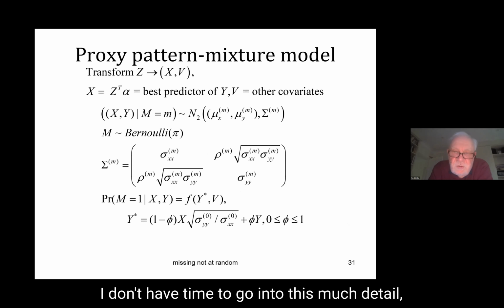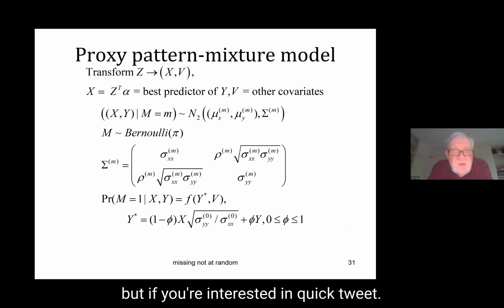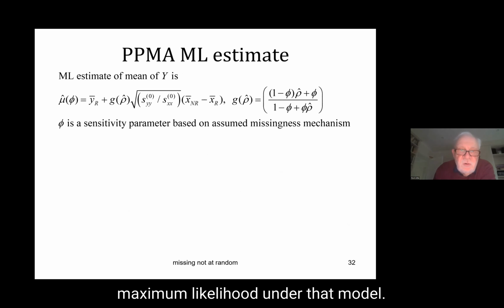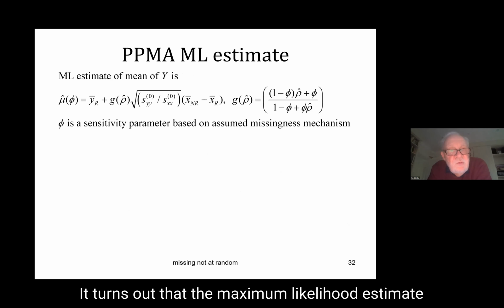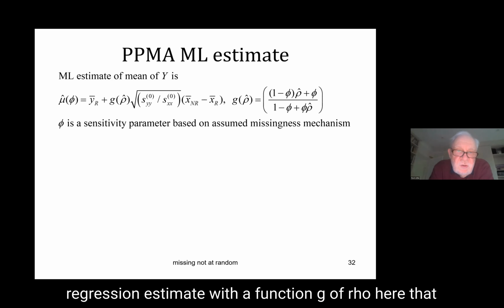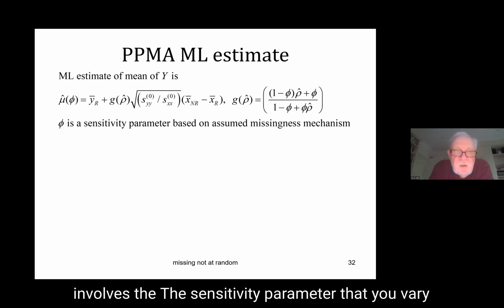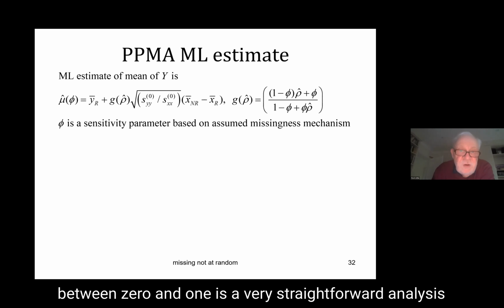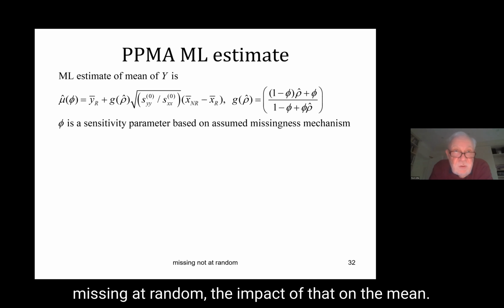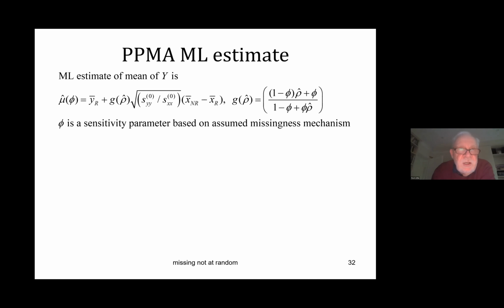I don't have time to go into much detail, but if you're interested in a quick treat, you can calculate Bayes or maximum likelihood under that model. It turns out that the maximum likelihood estimate of the mean, for example, is an extension of the regression estimate with a function G of rho that involves the sensitivity parameter that you vary between 0 and 1. It's a very straightforward analysis that gives you some idea about deviations from missing at random, the impact of that on the mean. So I like this quite a lot.